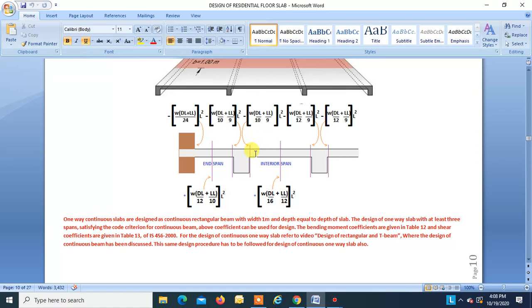All the conditions required to use these coefficients should be satisfied in a one-way continuous slab too. For the design of a continuous one-way slab, refer to the video on design of rectangular and T-beam, where the design of a continuous beam has been discussed. The same design procedure has to be followed for designing a continuous one-way slab also.